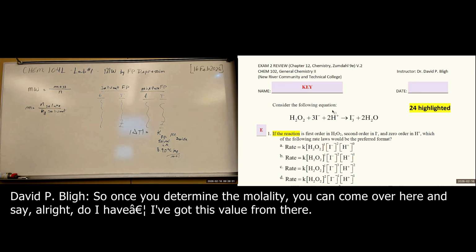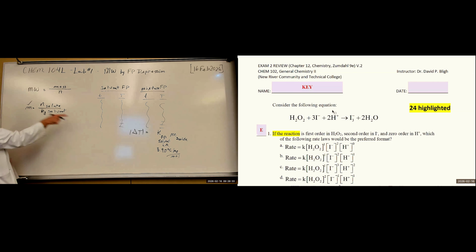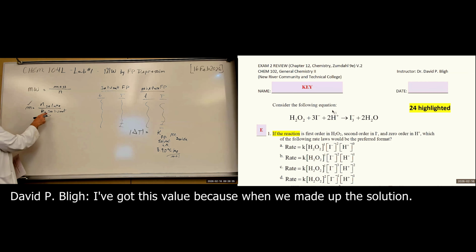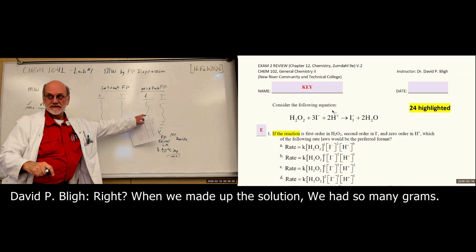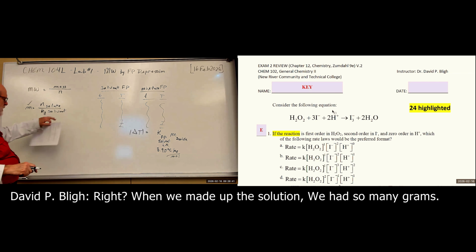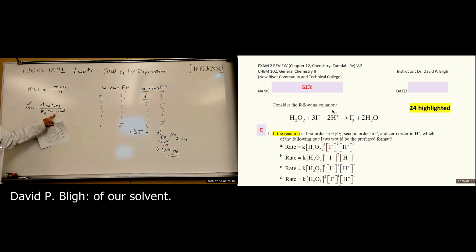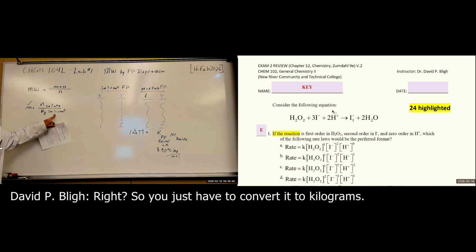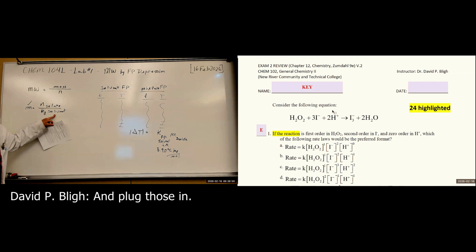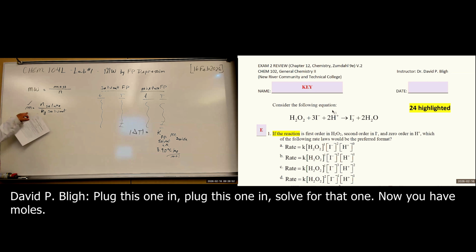I've got this value because when we made up the solution, we had so many grams of our solvent, so you just have to convert it to kilograms and plug those in.